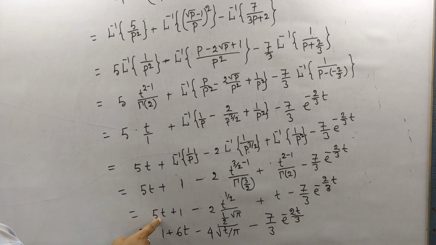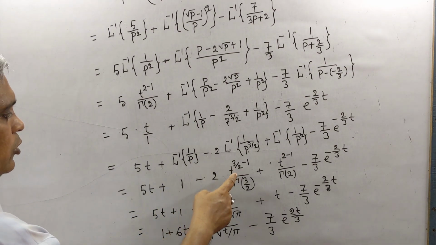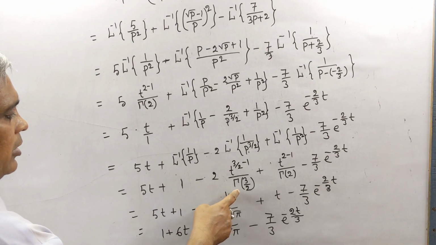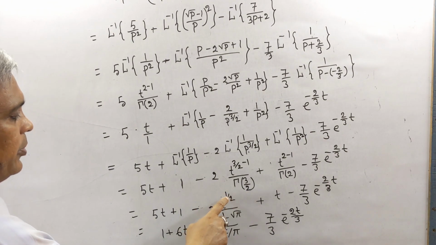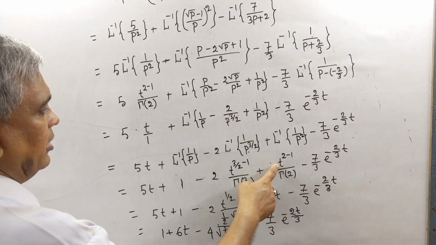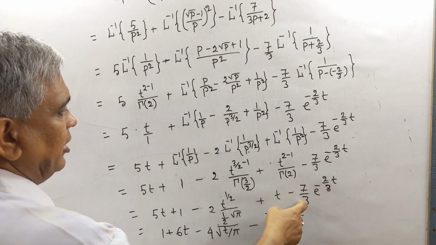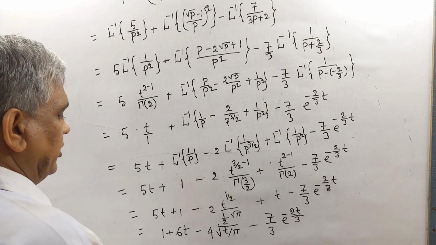Here we write 5t, here 1, here minus 2, here t to the power half, gamma function 3 by 2 is half, gamma half is square root pi, plus here t, gamma 2 is 1, minus 7 by 3 e to the power minus 2 by 3t.